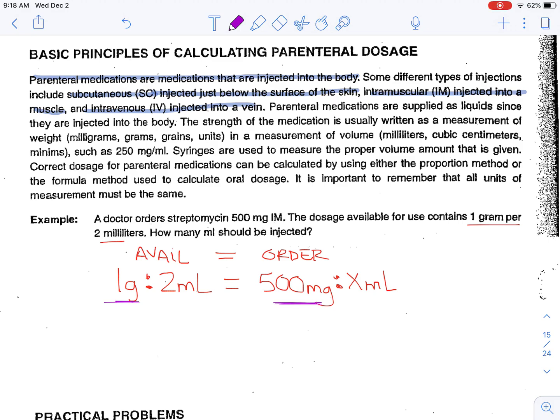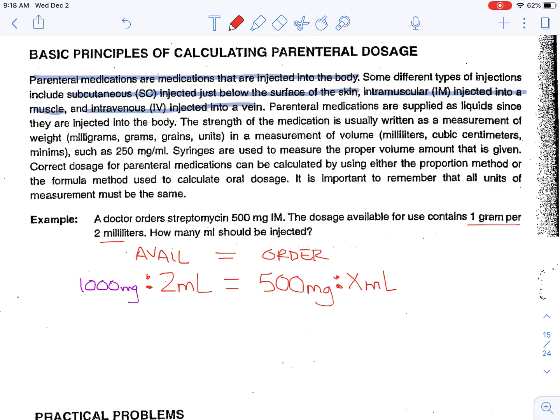What I suggest doing in this case is taking this 1 gram and turning it into milligrams. Which if we did that, this was taught in a previous lesson, it would end up being 1,000 milligrams. If you need to go back and look at converting of metric units, that was a couple weeks ago.